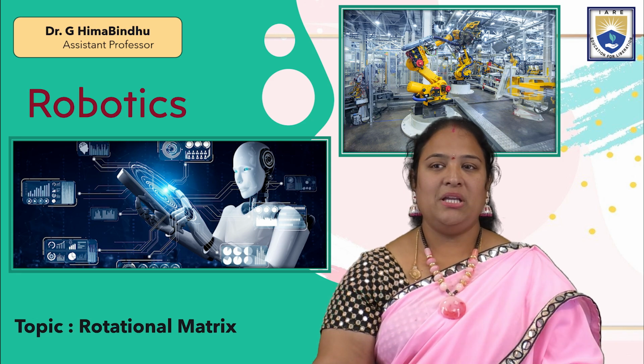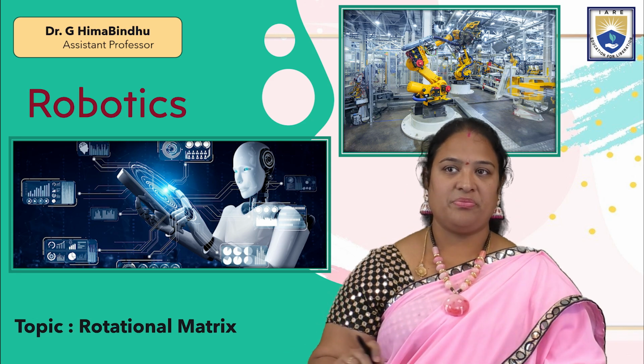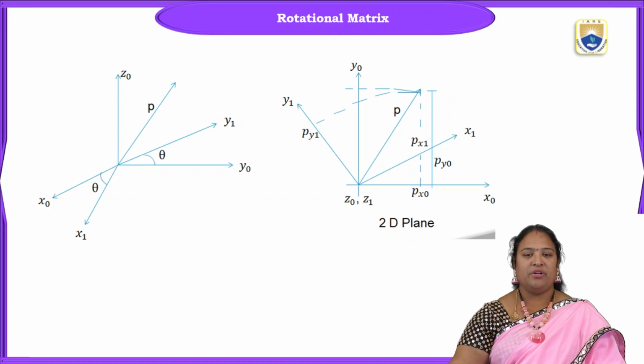What do we mean by rotational matrix actually? The rotational matrix is used to represent the orientation of the robot arm.